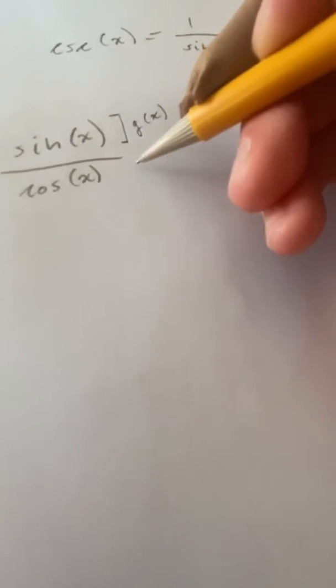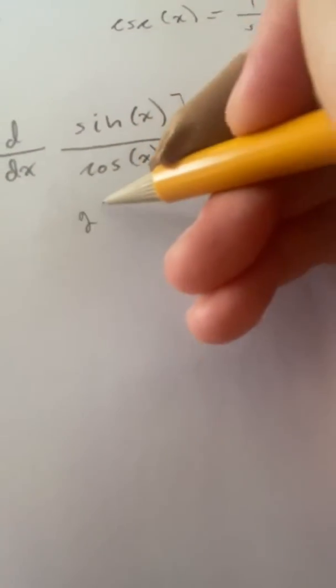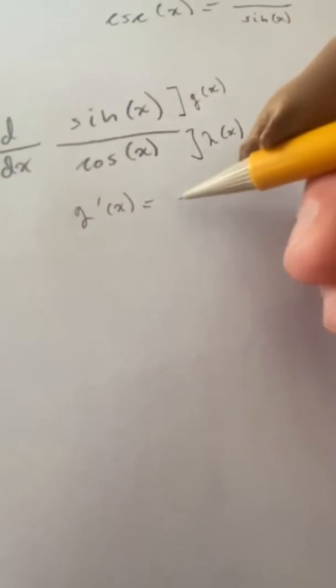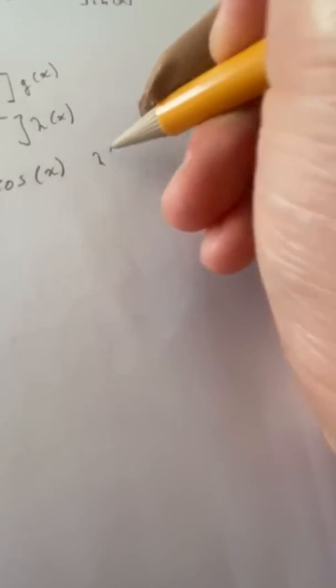So we'll call sine of x our g of x, and we'll call cosine of x our h of x. Okay, and so g prime of x is going to be the cosine of x, and h prime of x is going to be minus sine x.